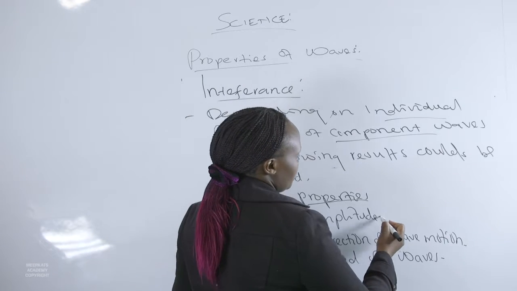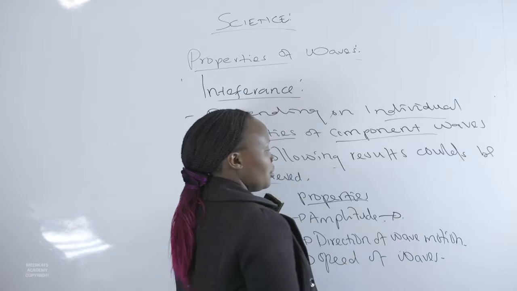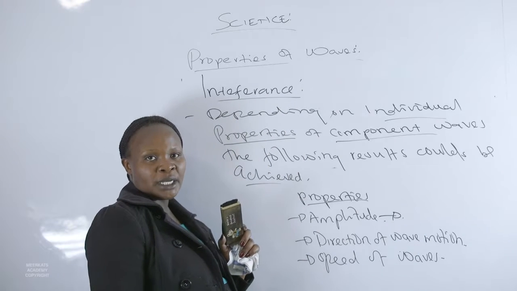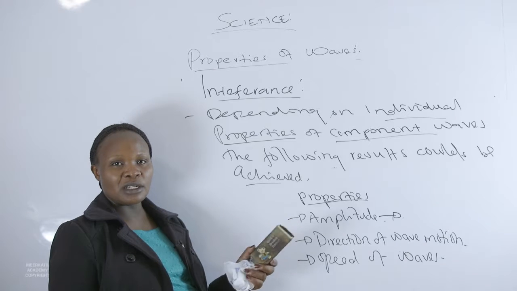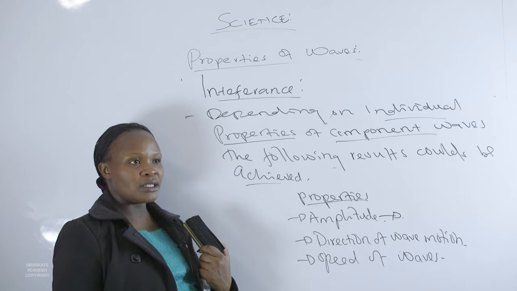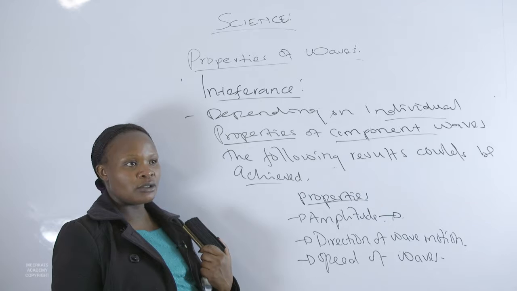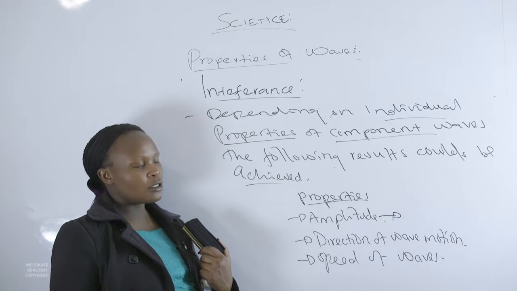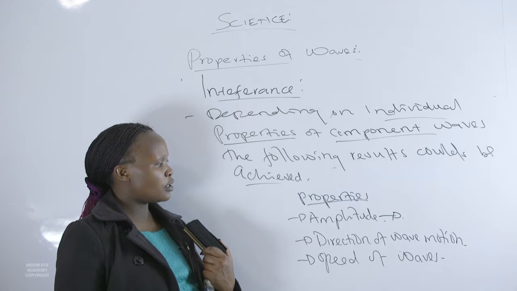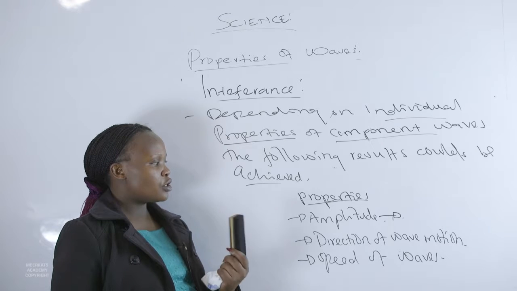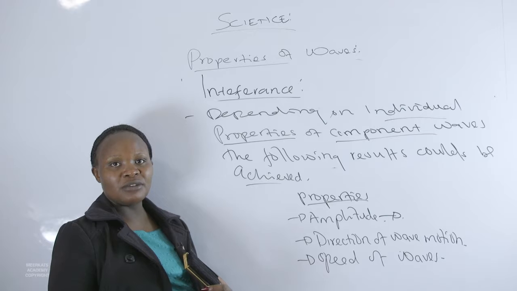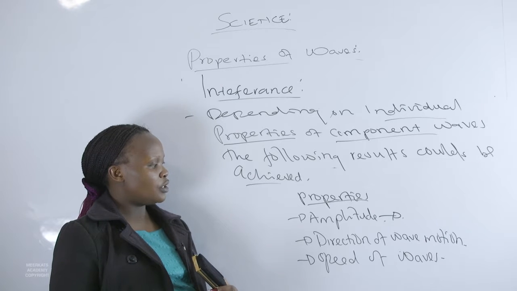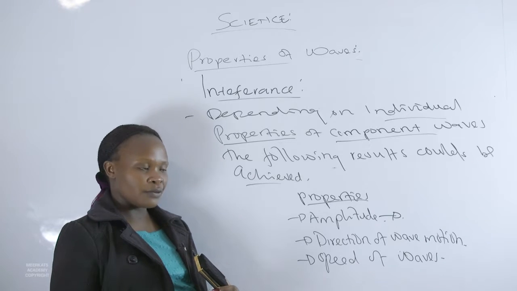Now, the amplitude will inform the amplitude of the resultant waves, and that one is what we call the size of the resultant waves, which is going to be a vector sum of individual waves.